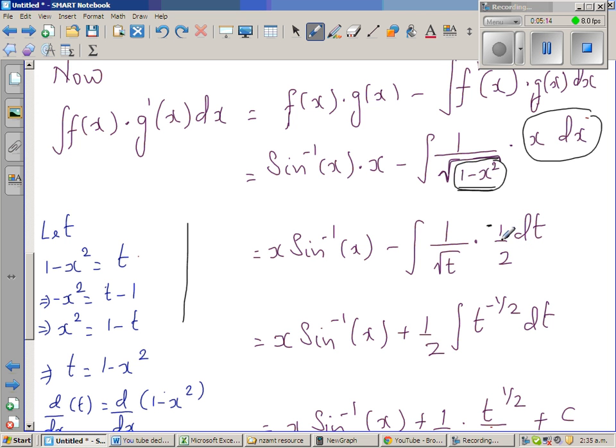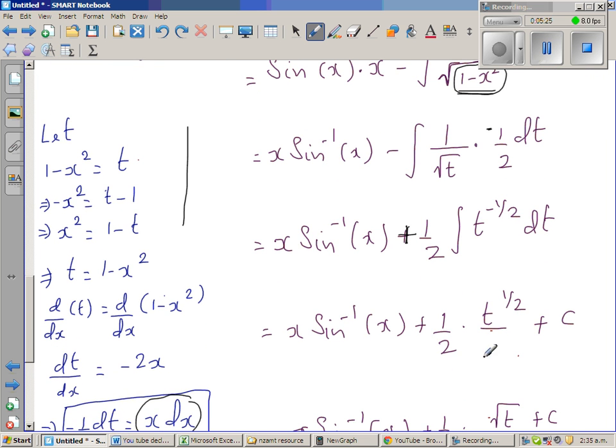The negative and negative become positive, and I factored the half out, and this becomes t to the power negative half.